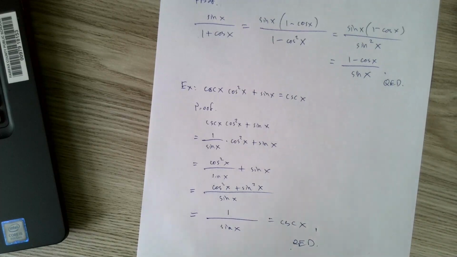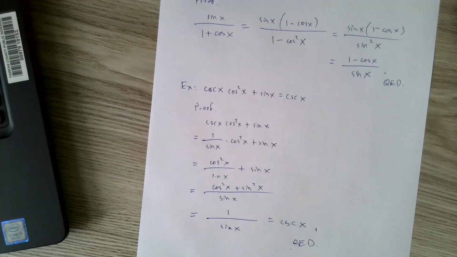Okay, so remember, when you're proving identities, choose the more complicated side. If things are not in terms of sine and cosine, change them into sine and cosine, and then just manipulate it until you get the other side. And in the first exercise, you're trying to create Pythagorean identities.